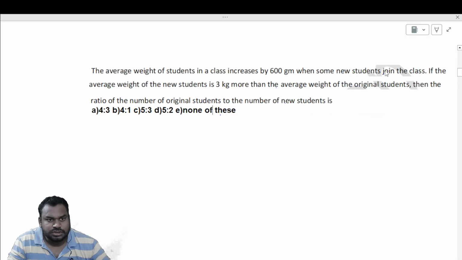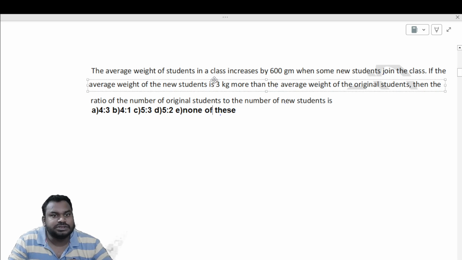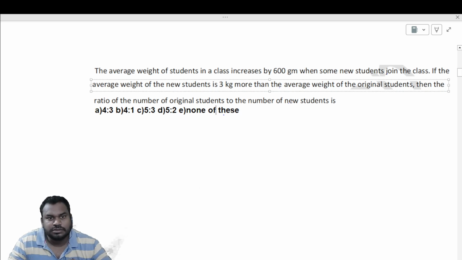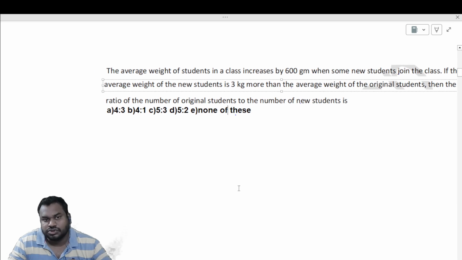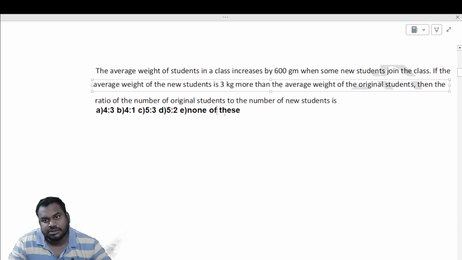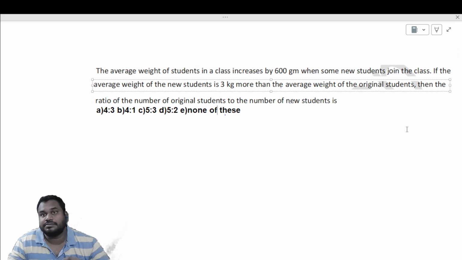The next question: the average weight of 10 students, the average weight of some students in a class increases by 600 grams. Some new students join the class. Because of them, the average weight increased by 600 grams.